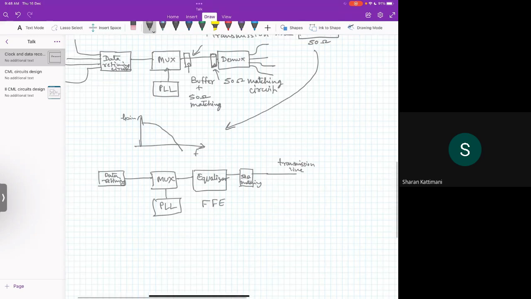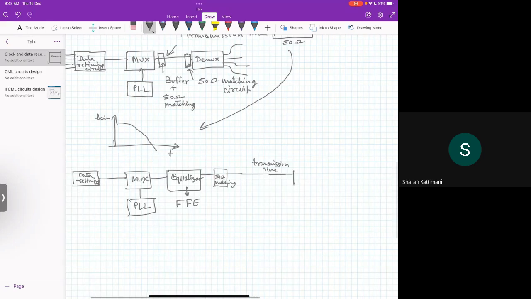We need to emphasize the data, and this is done by the feed forward equalizer. In the receiver side, because we receive the data, we need to process the received data. So to get better data, we put an equalizer at the receiver side also.